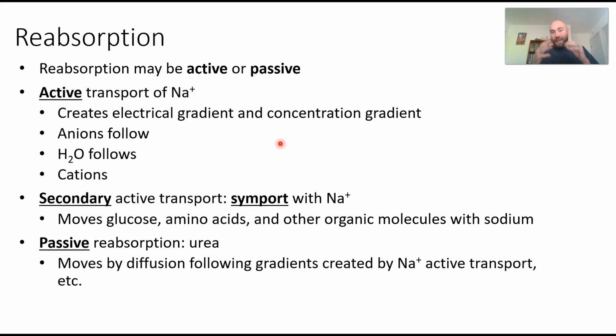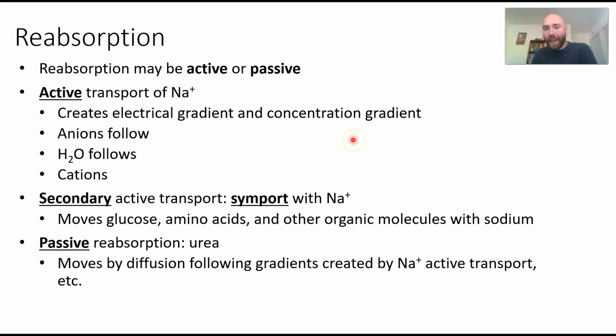And those channels could actively pump things against a concentration gradient, or those things could move passively down their concentration gradient. So how then does stuff move from the filtrate, where it will be lost as urine, back into the cardiovascular system, where it can be kept and used, over that cell membrane barrier that we have between the filtrate and the cardiovascular system?